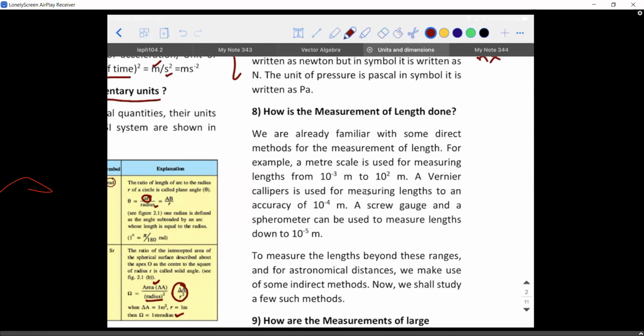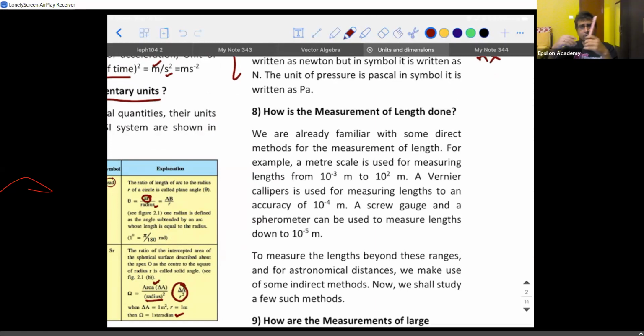See, for example, you have a pen in your hand, right? Everybody has a different pen. You guys are using different brands of pen. If I ask you to measure the length of your pen and report the answer to me, what will you guys do? If I say measure the length of your pen, what do you generally do?